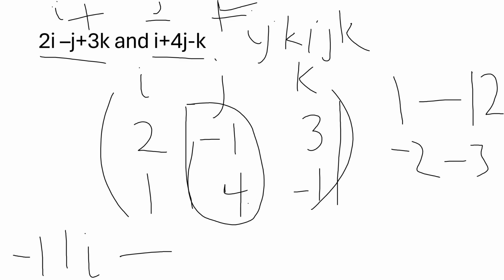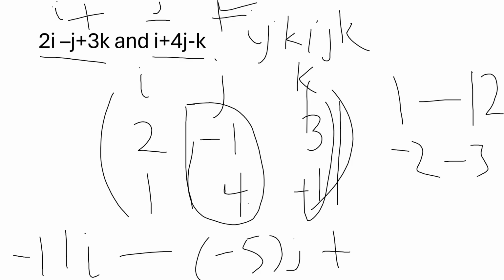So you get negative 5J. Then plus. Now the K, we also ignore the 3, negative 1. So we get 2 times 4 minus 1 times negative 1. So we get 8 minus 1, 9K. So our final answer is simply negative 11I plus 5J plus 9K.